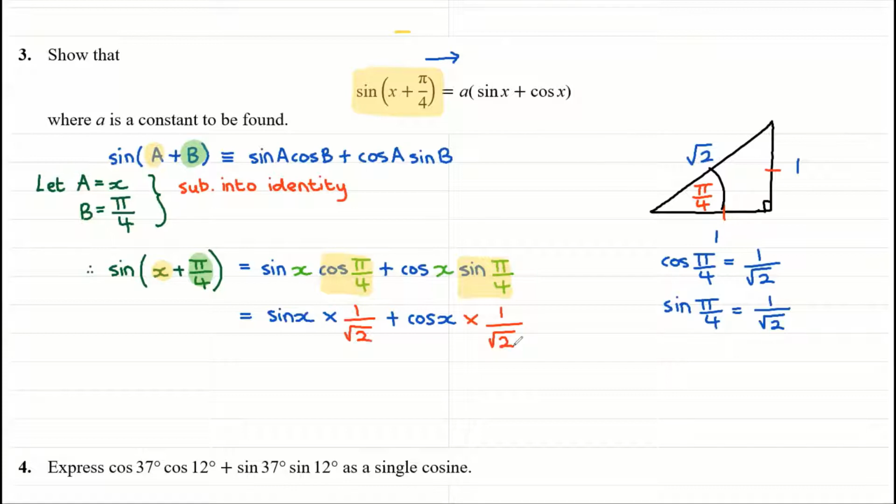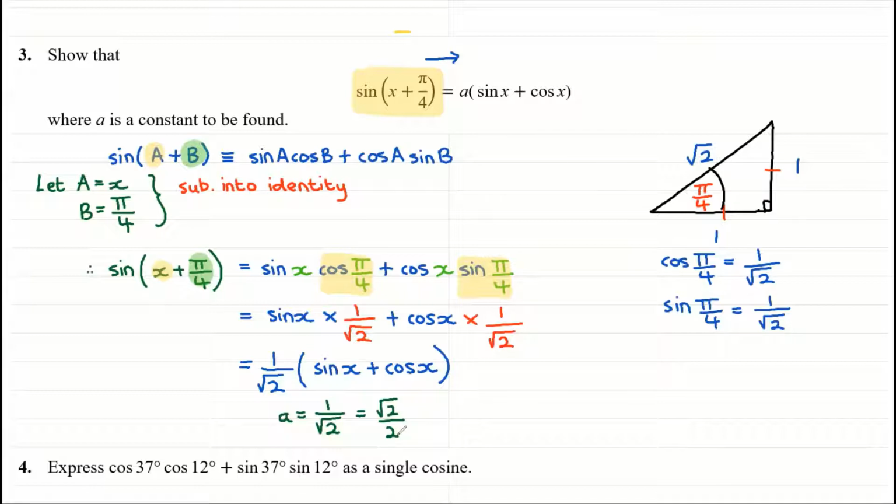So I can now factor out the 1 over root 2 to the front of this, and we can just leave the sine x plus cos x inside the brackets as required. So we can see clearly from this that the constant a is 1 over root 2, which you can rationalize as root 2 over 2 if you prefer.